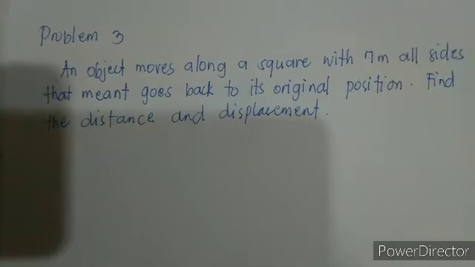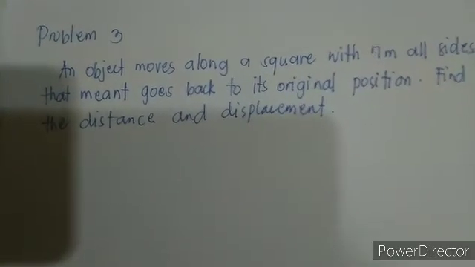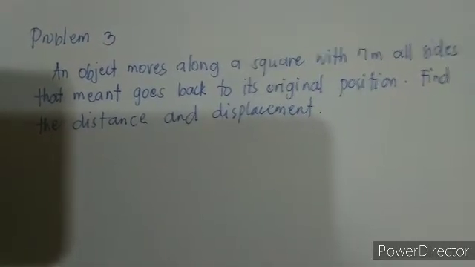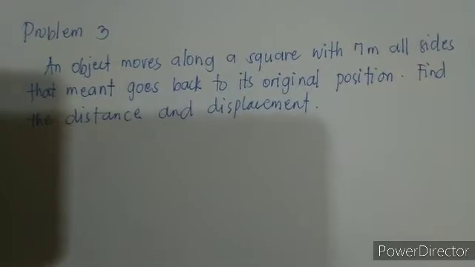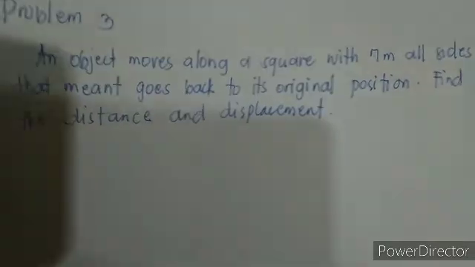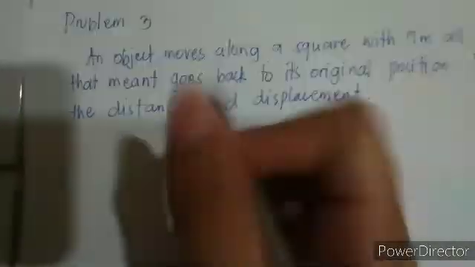Lastly, for distance and displacement, let's have problem number 3. An object moves along a square with 7 meters on all sides. That means it goes back to its original position. Find the distance and displacement. So let's have first the distance.